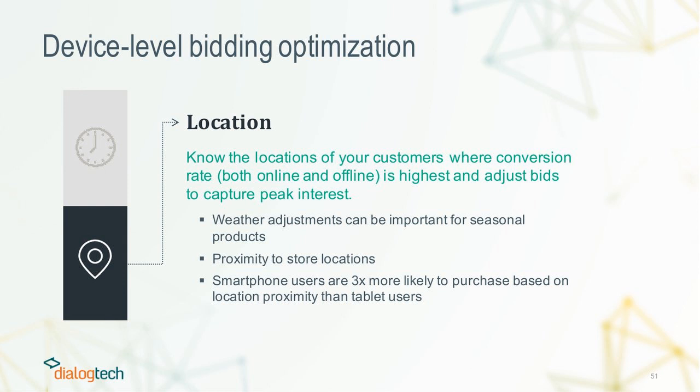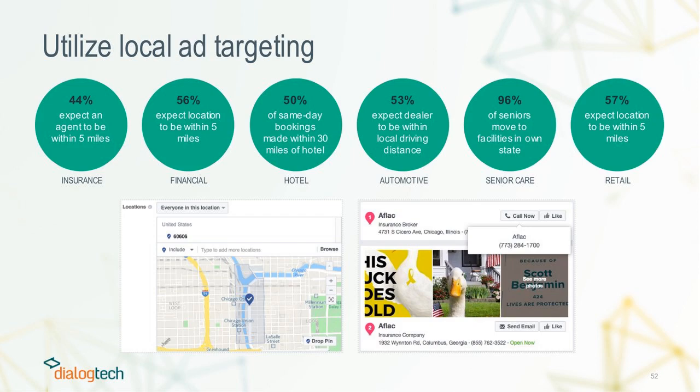I'm not saying exclude or not run anywhere, but just know where your top locations are. You can even get your data from Google Analytics before you launch to kind of test things out. Just make sure you know your location so that you know how people are interacting, when they're calling, when they're converting online. And the same thing with local, which is what we're going to get into now.